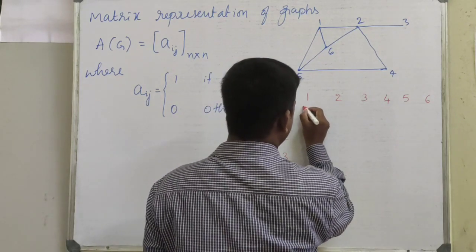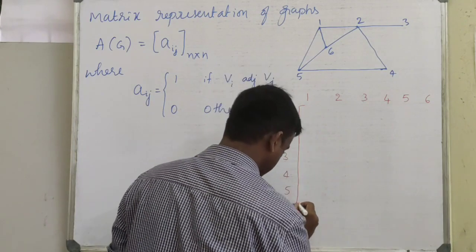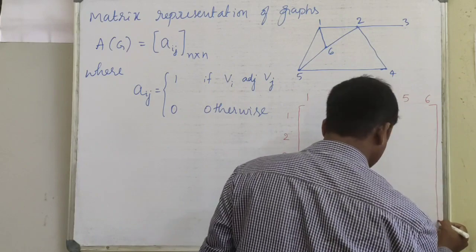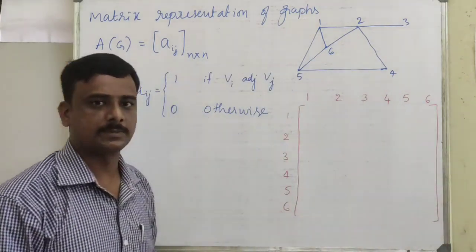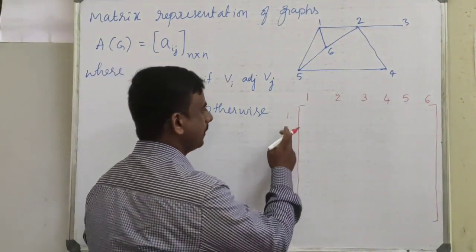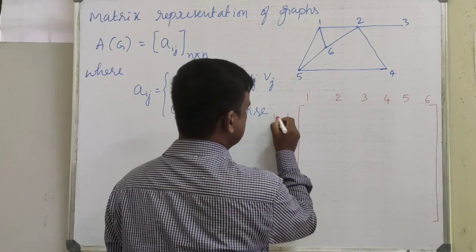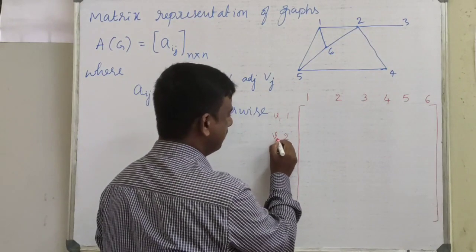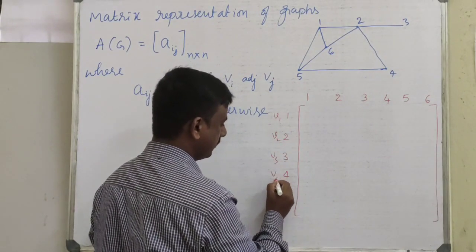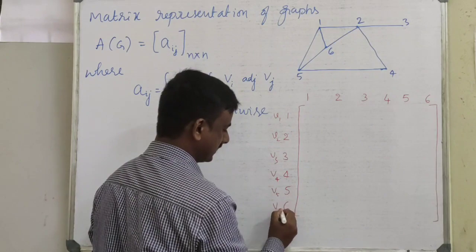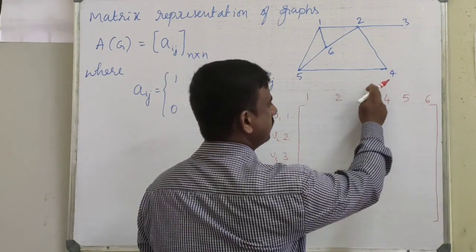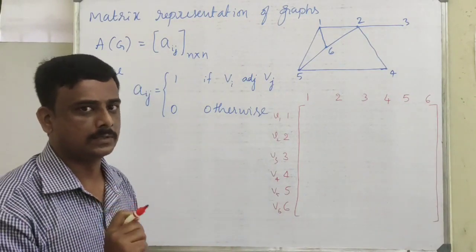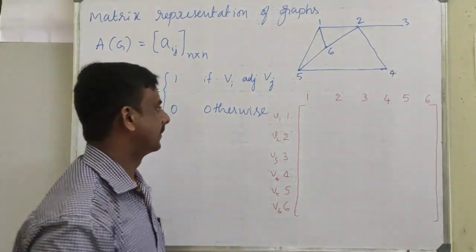So obviously this will be a 6 cross 6 matrix because number of vertices in the graph are 6. Now this actually corresponds to V1. V1 ಬದಲು ನಾನು ಬರೀ 1 ಅಂತ ತಗೊಂಡಿದ್ದೇನೆ ಅಷ್ಟೇ. V1, this will be V2, V3, V4, V5, V6. Similarly, V1, V2, V3, V4, V5, V6. V ಬಿಟ್ಬಿಟ್ಟು ಬರೀ ಇಂಡೆಕ್ಸ್ ಮಾತ್ರ ಬರ್ಕೊಂಡಿದ್ದೇನೆ ನಾನು, just to make the notation simpler.